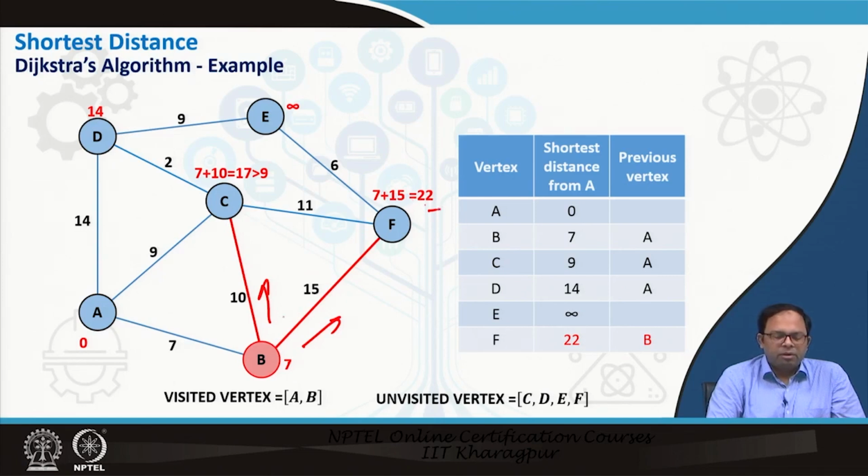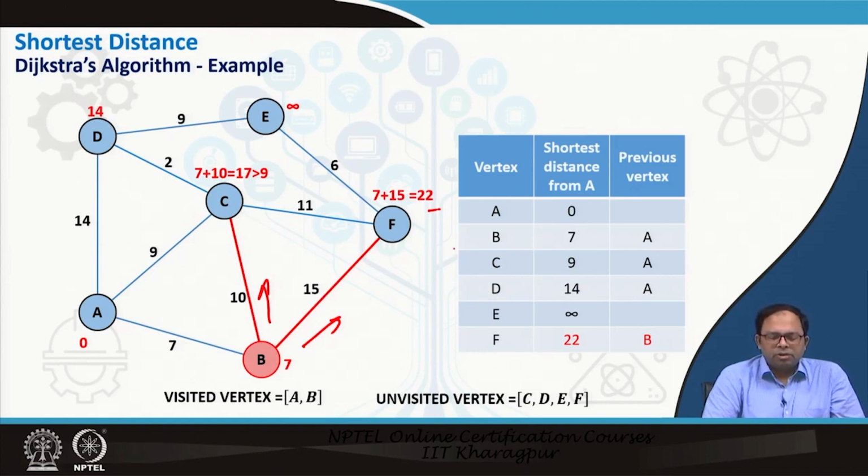So, we keep 22. Then 7 plus 10, which is 17. Now, 17 is greater than 9, which was computed earlier. So, we will keep it as 9. That means the shortest path to reach C from A is 9. It is not through B.